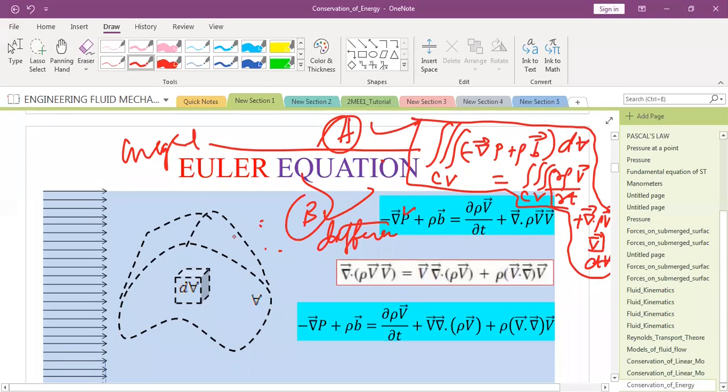So if this was the control volume, this differential equation helps you to give the value of the variables at each and every point. That is, this is defined essentially for this differentially small control volume, and in the limit when this differentially small control volume tends to 0, you find the conservation at a point.